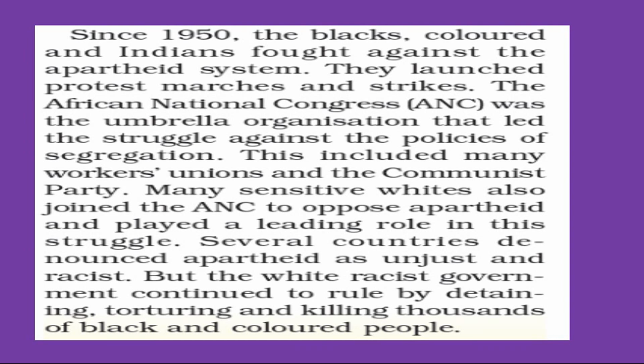So cadets, write down the meaning of apartheid policy, write down the place where Nelson Mandela was kept in prison for 28 years.